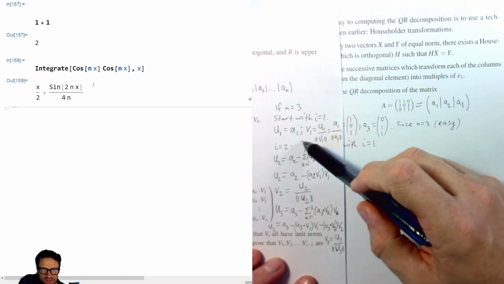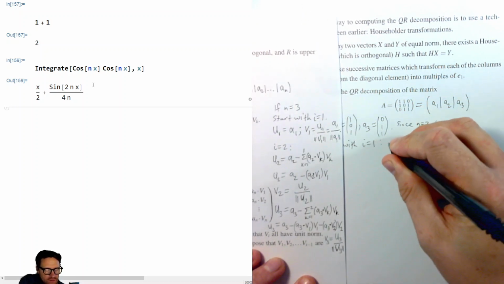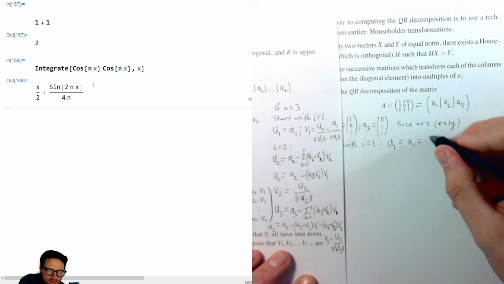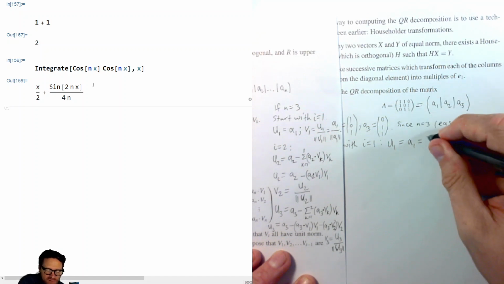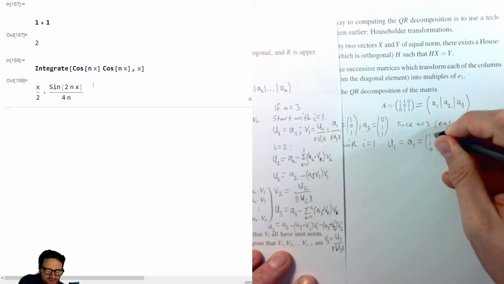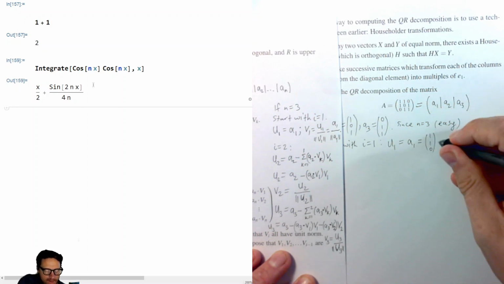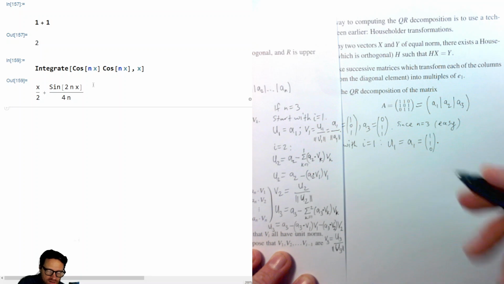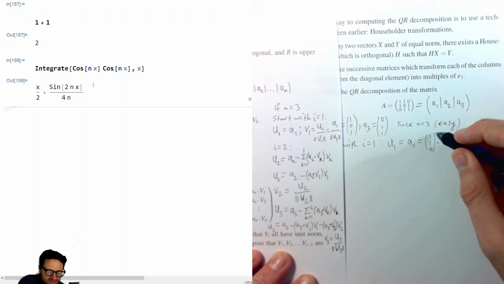According to this, U1 is A1, which is the first column of the matrix A, so 1, 1, 0. Next we need to construct V1 by taking the norm of this.